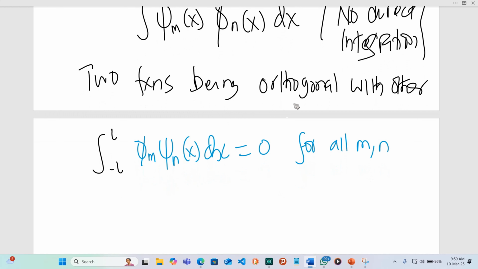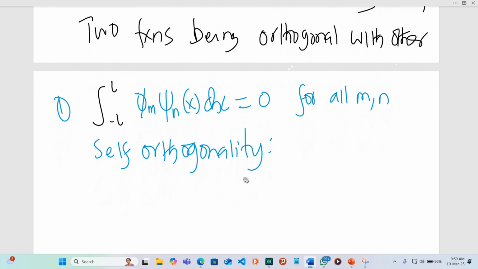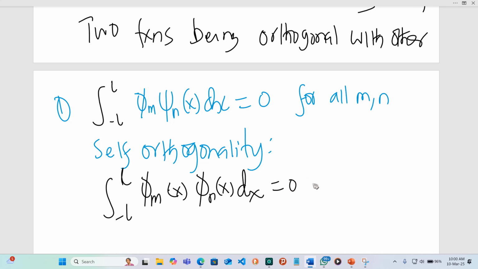The other aspect is that if you have two functions that are orthogonal with each other, then those functions themselves have some property also called self-orthogonality. Here, take an example, integrating over a symmetrical interval again from negative L to L of phi m of x and phi n of x with respect to x.